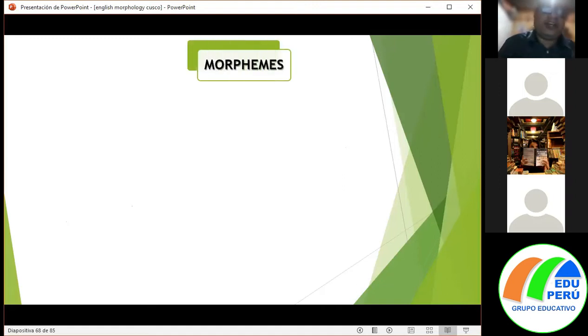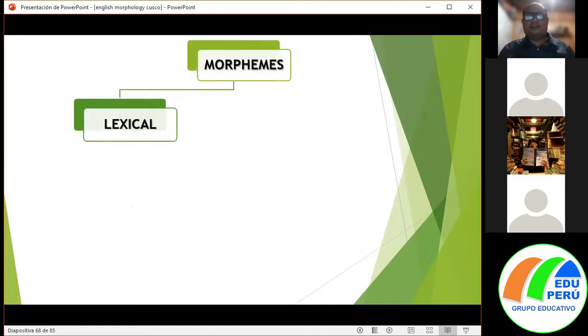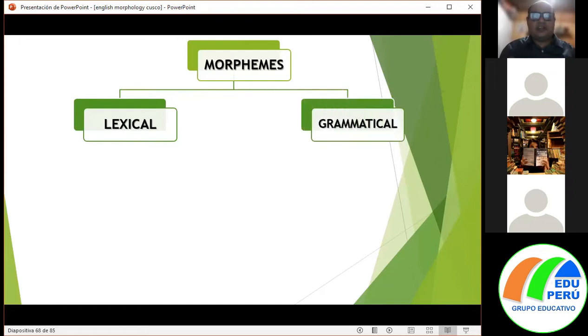So let's see. We are going to have here a summary of the morphemes. Notice that we have lexical morphemes and grammatical morphemes. We have these two general types, according to their function, what kind of information they are carrying, a lexical information or a grammatical information. The function of each morpheme. So we have two, lexical and grammatical.